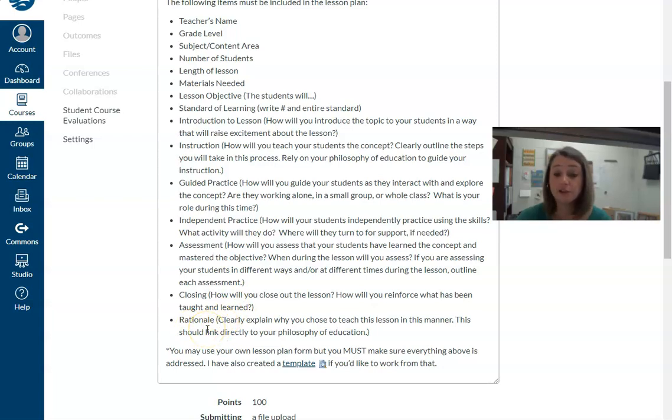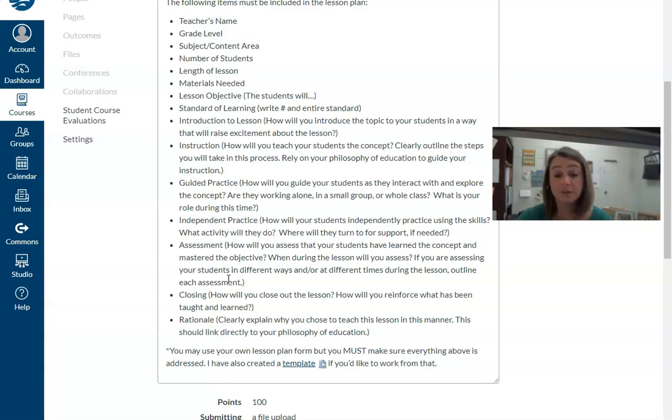And then I need your rationale. This is going to be a good paragraph that talks about why you chose to teach this lesson on this topic in this particular manner. So as long as all of these are addressed, it really doesn't matter to me what format you use. If you Google lesson plan template, you're going to find hundreds of thousands of them.